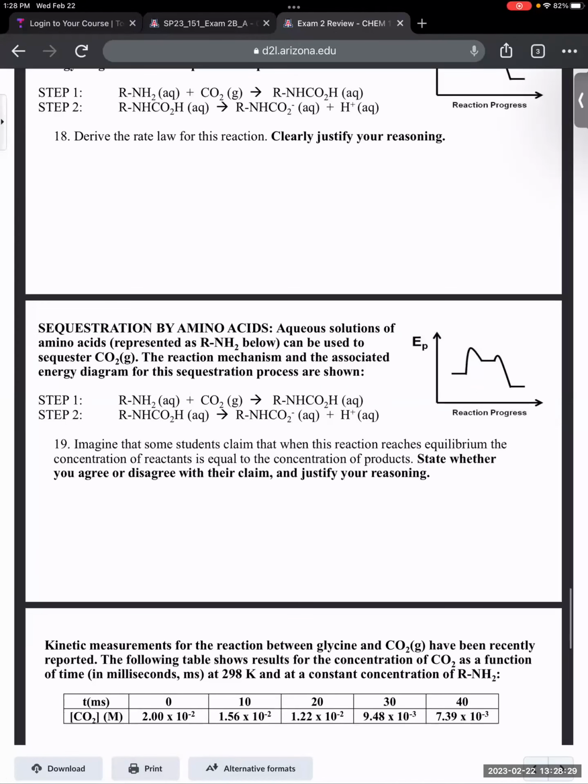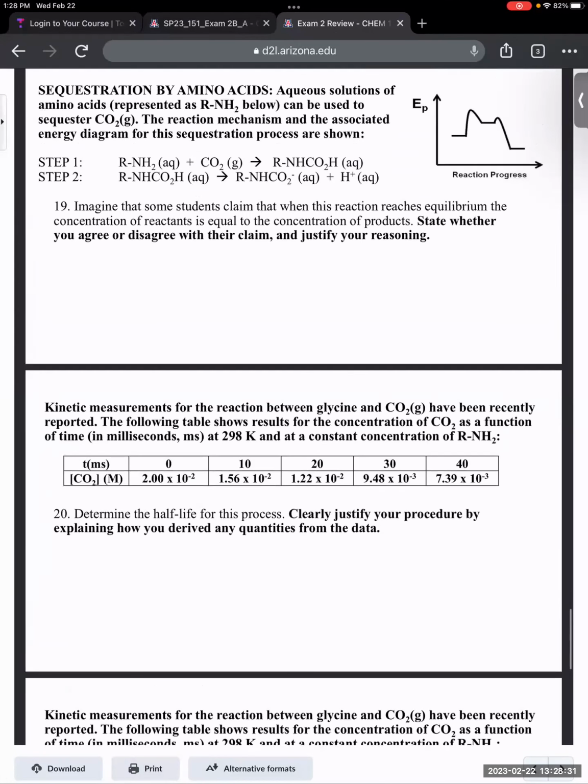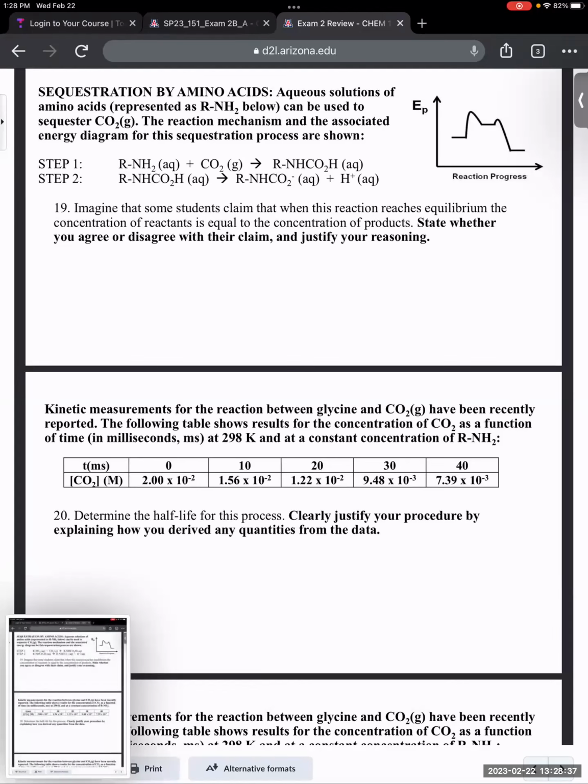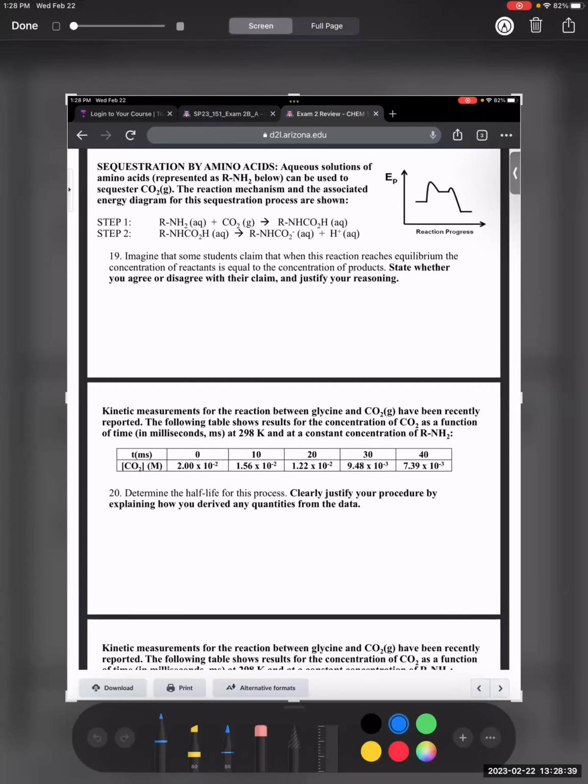To the next question. All right, let's do this here. Same mechanism. Imagine that some students claim that when this reaction reaches equilibrium, the concentration of reactants is equal to the concentration of products. State whether you agree or disagree with their claim and justify your reasoning.